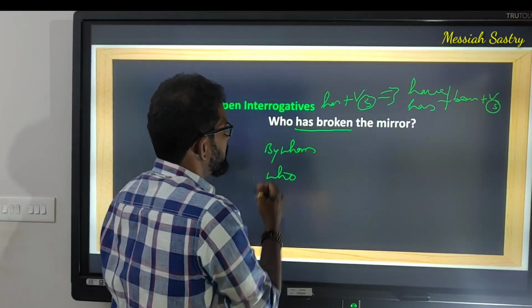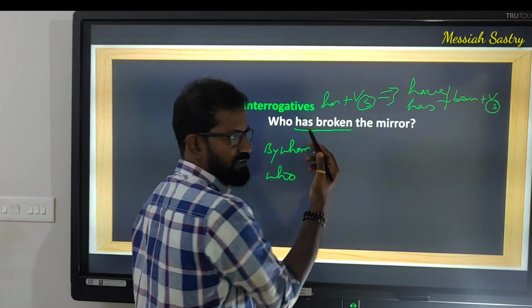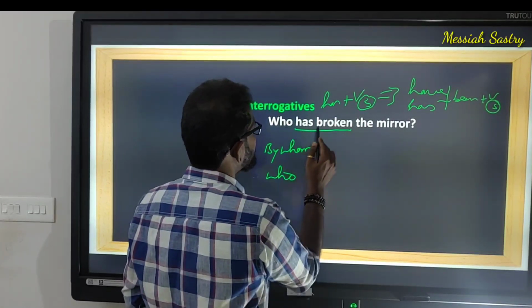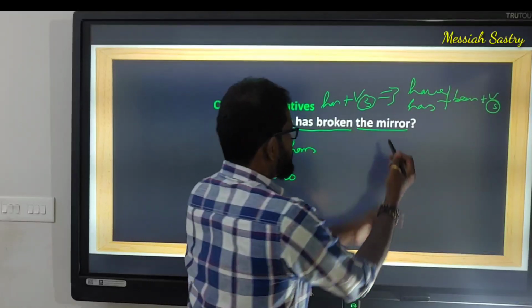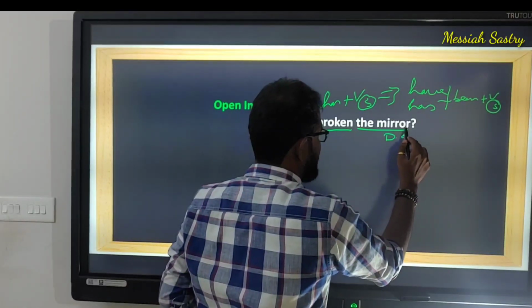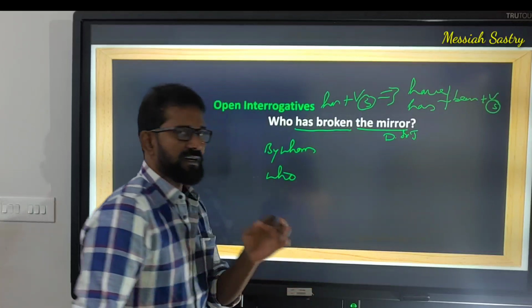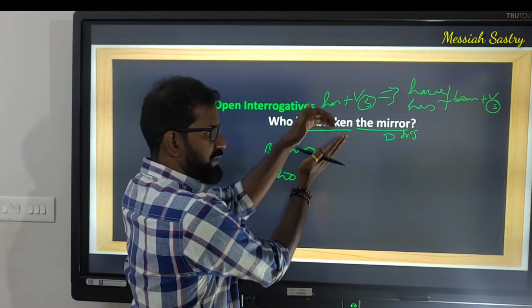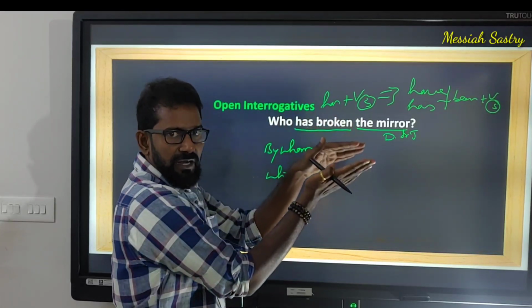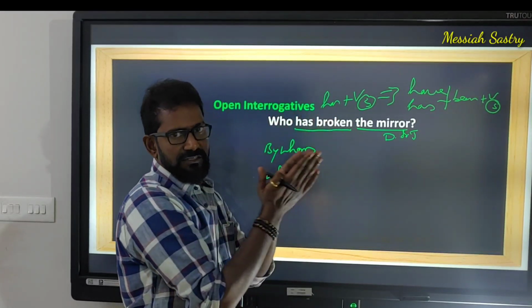When it comes to all other question words, we use the same question word. Right. Now, after writing, find out the object. What is the object? What has broken? The mirror. So it is a direct object. Here you need to note a point. There is a difference between declarative and interrogative sentence.